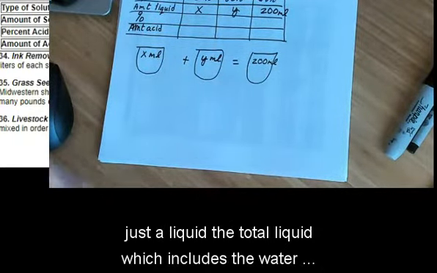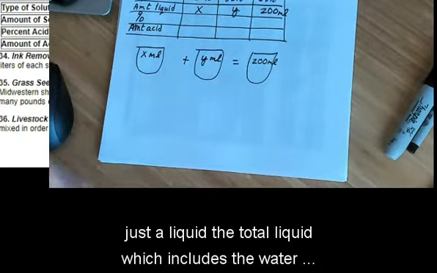Now, how much pure acid is in each container? If you're talking about having, let's say, 10 milliliters of solution that's 50% acid, then 50% of the 10 milliliters is pure acid, or 5. How'd I get that? Well, I multiplied the 0.5 by the 10. So the amount of pure acid that's in the container has to be 0.5x.